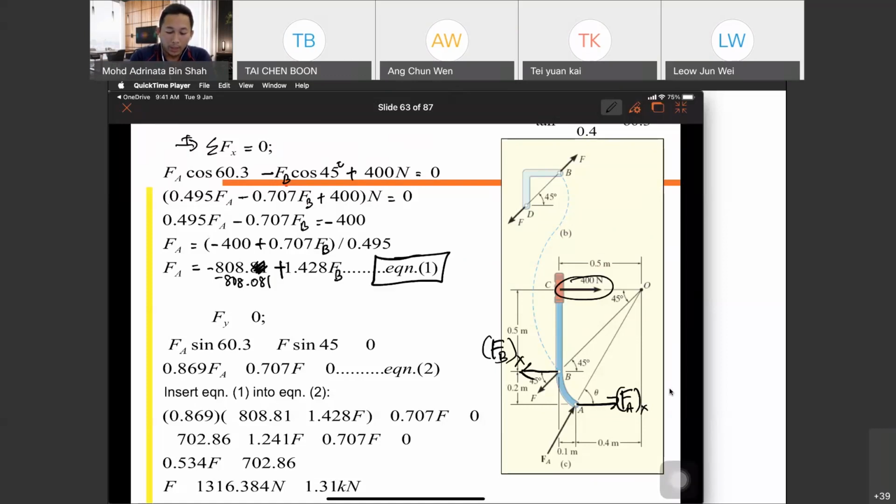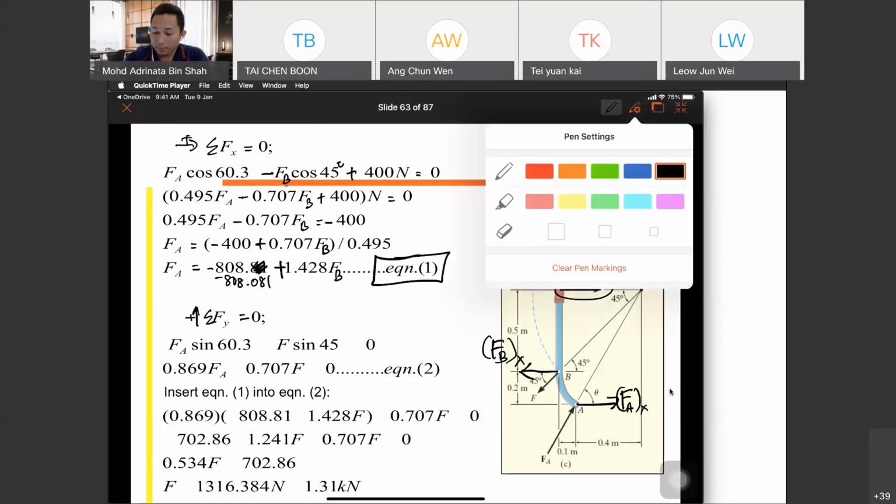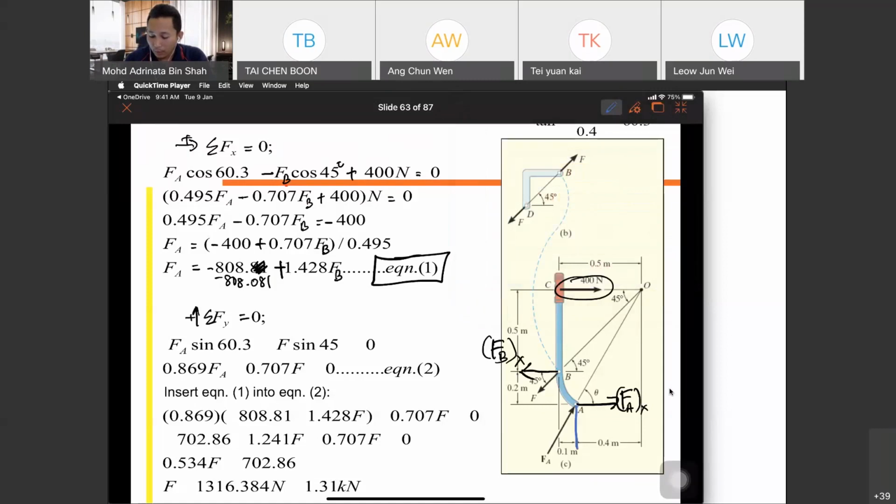And then Fy equals to 0. So you have FA in y direction, and you have FB in y direction, and no other forces act on our body in y direction.